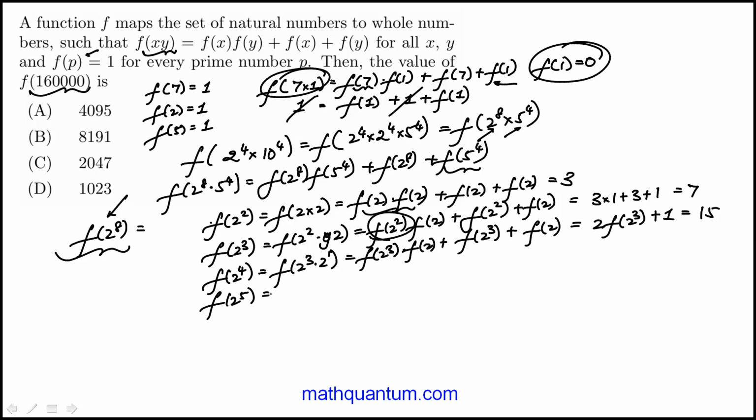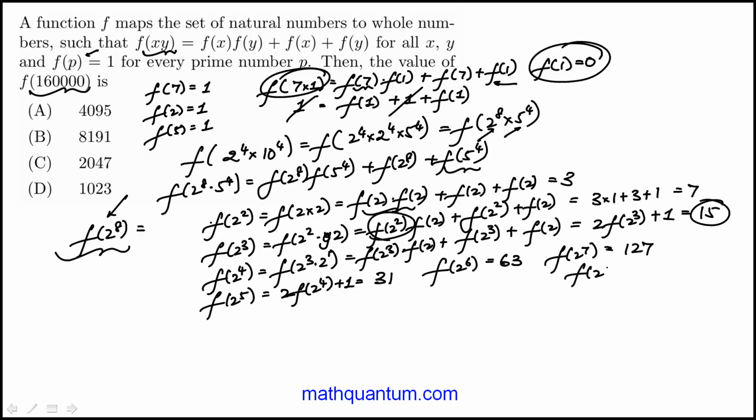That means I can now jump to f of 2 to the 5, which would be f of 2 to the 4 doubled plus 1. That means f of 2 to the 6 is double that, so 62 plus 1, 63. I hope I'm right on that. Yes. F of 2 to the 7 would be, you double this, 126 plus 1, 127. And then f of 2 to the 8 would be 254 plus 1, 255.